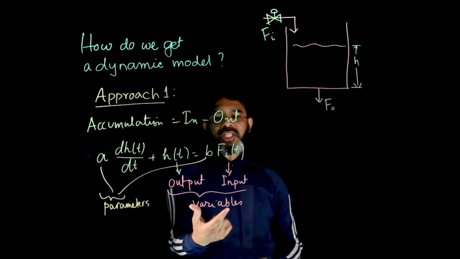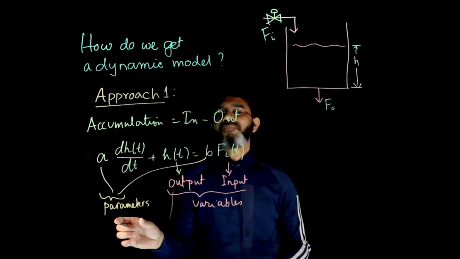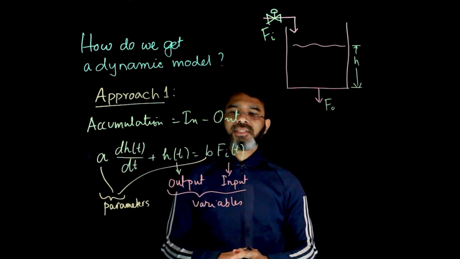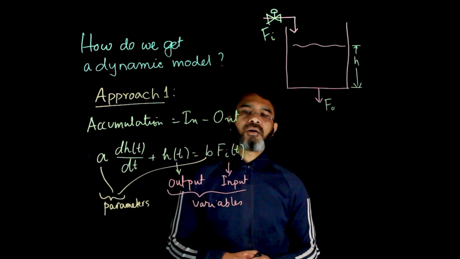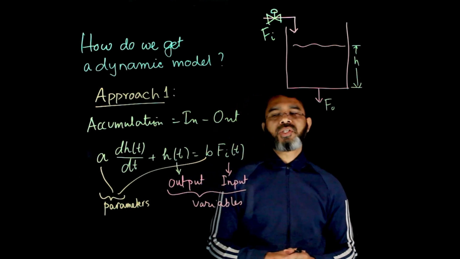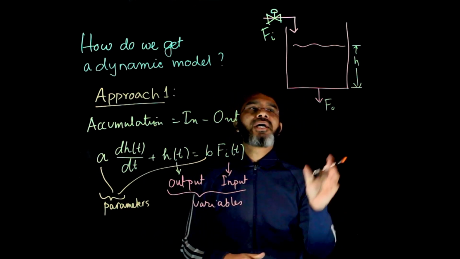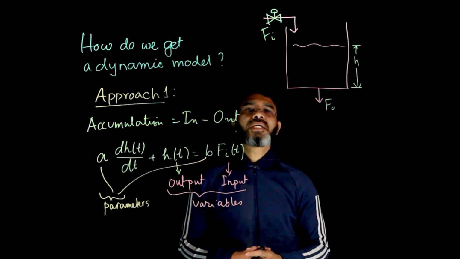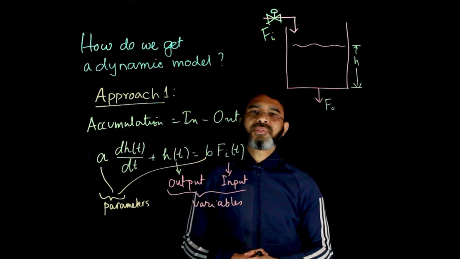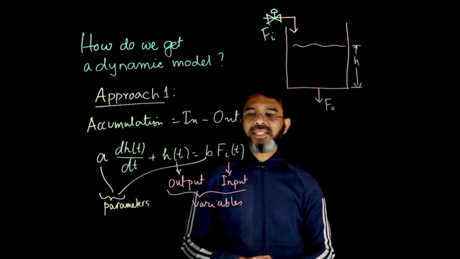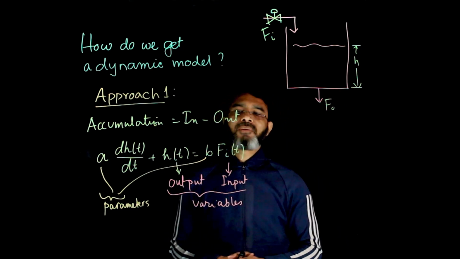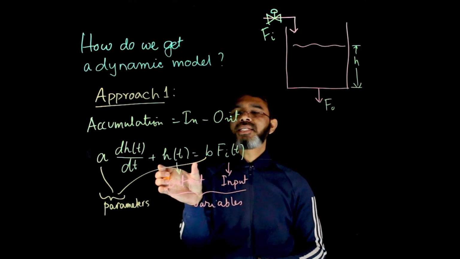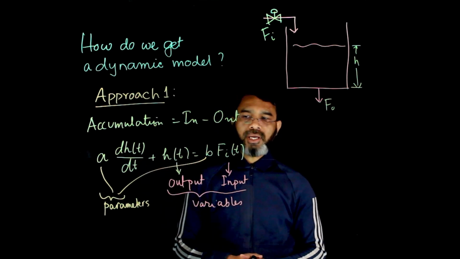We have the relation between the variables and we have some parameters in place. Those relate the variables. We'll later see that these parameters are nothing but functions of the properties of the system, meaning the properties of the equipment or components, the properties of the valves, the properties of the fluids, and so on. Those properties of the system and the variables of the system are related by this equation, and this is what we call a dynamic model of the process.